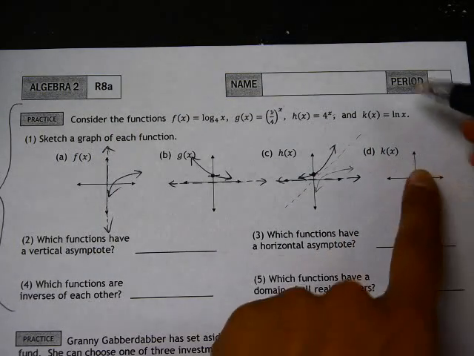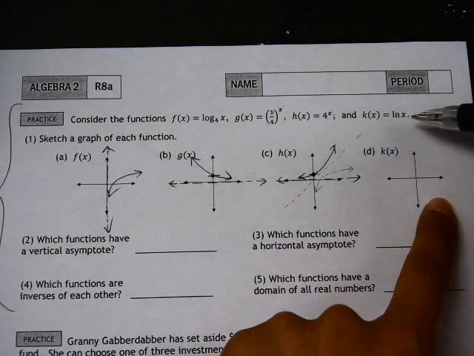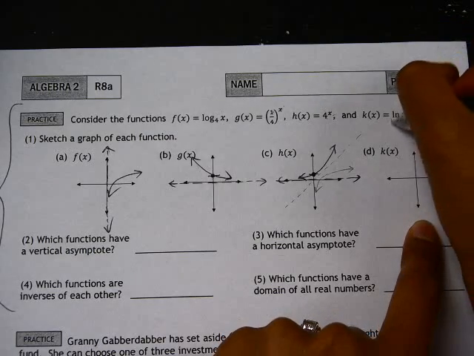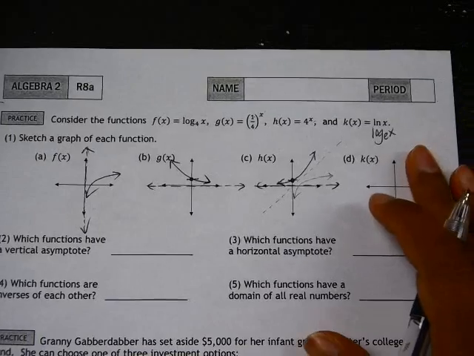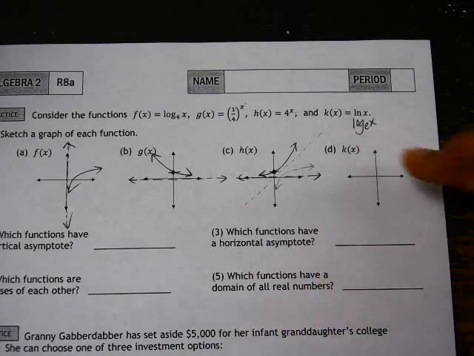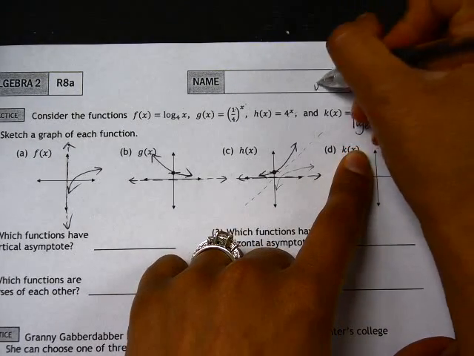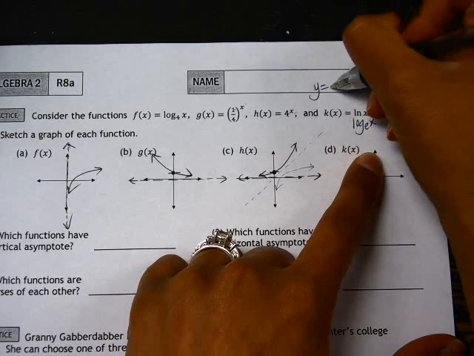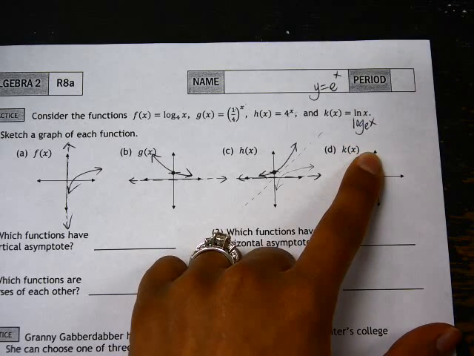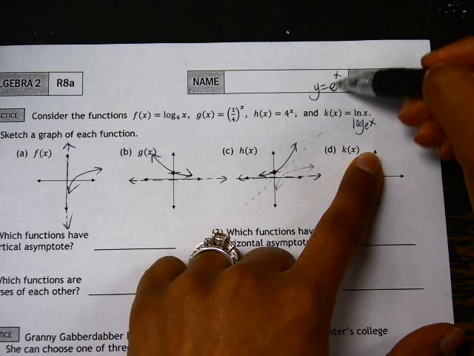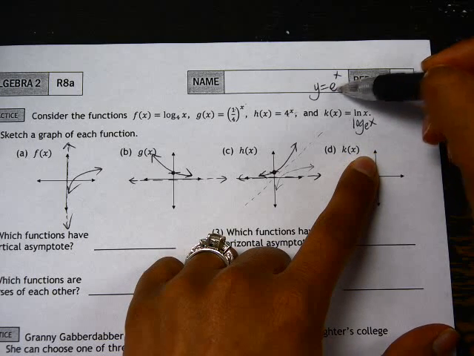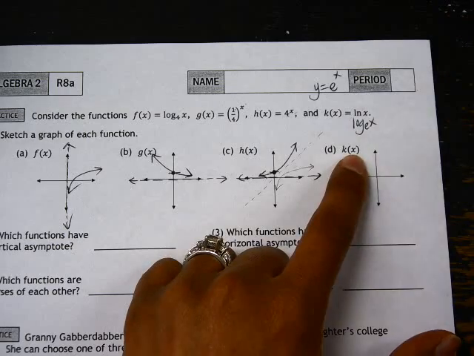Alright, and then k of x, we have natural log of x. Well, we haven't graphed the inverse of that. This is a log function with a base of e. So even if I didn't know how to graph that, I know the inverse of this would be e to the x. So this is an increasing exponential function because e is equal to 2.7 and so on.